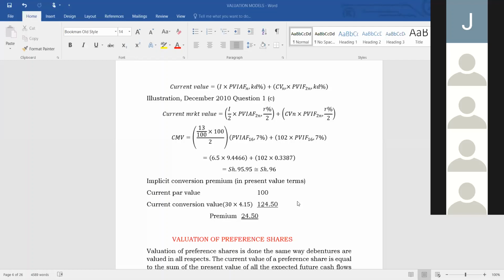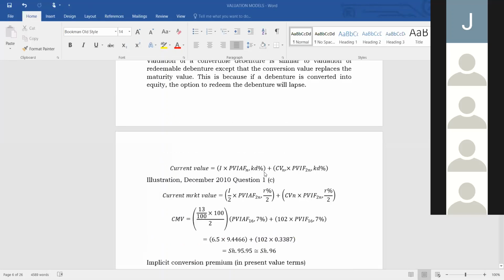If a unit of debenture is worth 1,000, that gives rise to how many ordinary shares when you convert the bond? Those number of ordinary shares times the market price for each ordinary share at the time of conversion. So conversion value is basically the market price of ordinary shares obtained at the time of conversion. I've given a small example there.